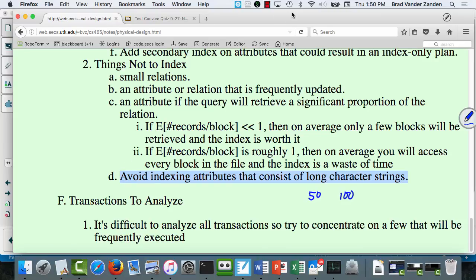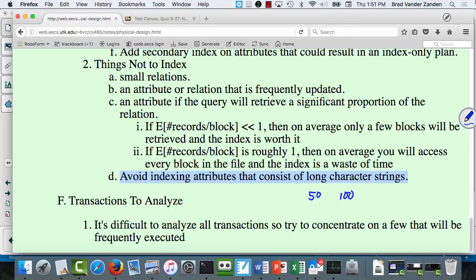Why can't you index just the first few characters? The problem is, let's say it was street addresses. Each street address tends to be unique, so you're going to end up with one entry for every tuple, and you're going to gobble up a lot of memory.